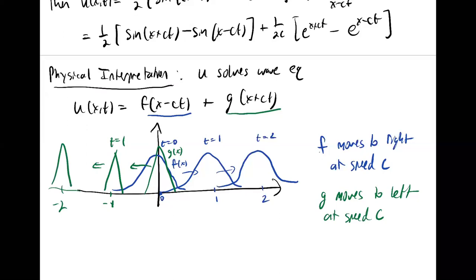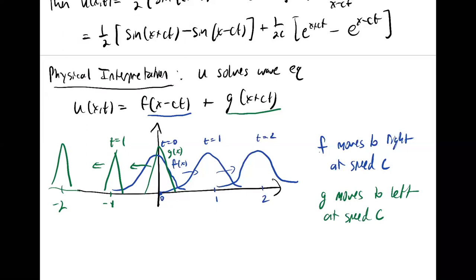Right? And so what do solutions to the wave equation look like? Well, I have one function, which is like a wave, which is moving to the right at speed c. And I have another function, which you can think of as like a wave, which is moving to the left at speed c. And you're looking at the superposition of these two different waves.